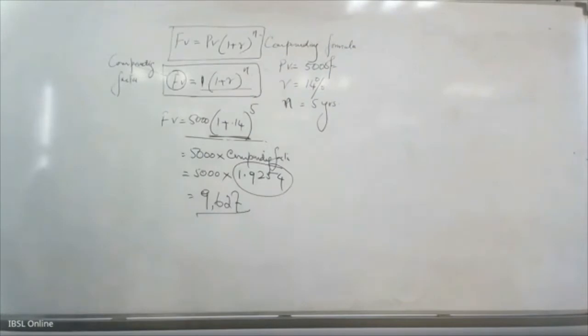So the future value of this present 5,000 at an interest rate of 14% at the end of the 5th year will be 9,627. So this is compounding.